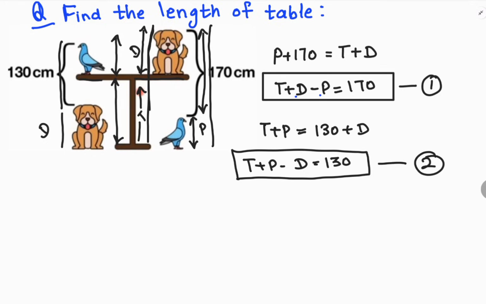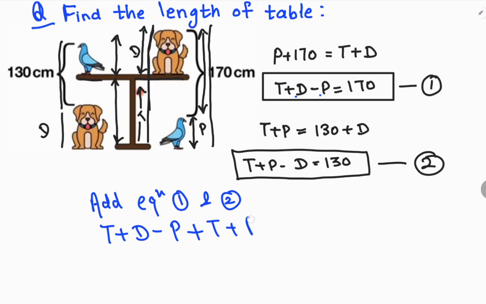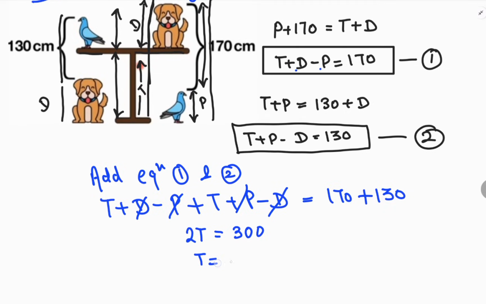That means if I add equations 1 and 2, the left hand side is t plus d minus p plus t plus p minus d, and the right hand side is 170 plus 130. So d and d cancel out, p and p cancel out, and we are left with 2t equal to 300. That means t is equal to 150 centimeters.